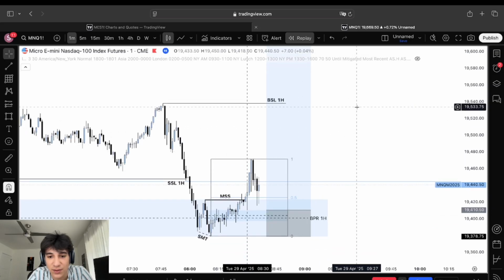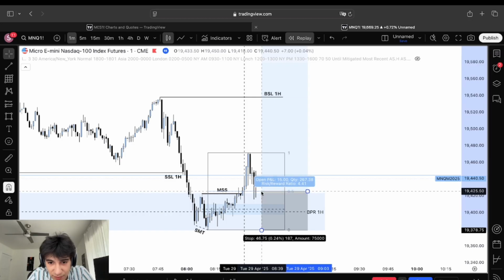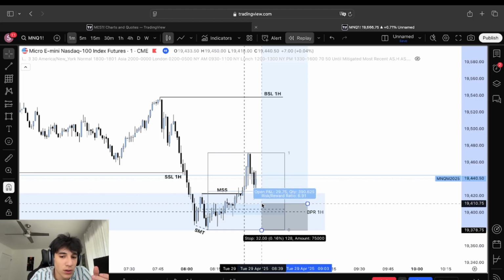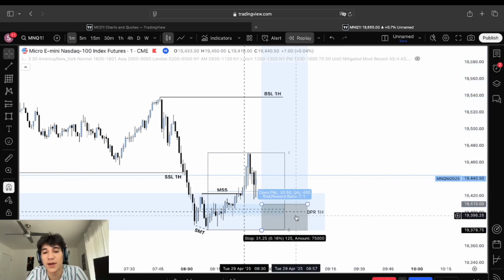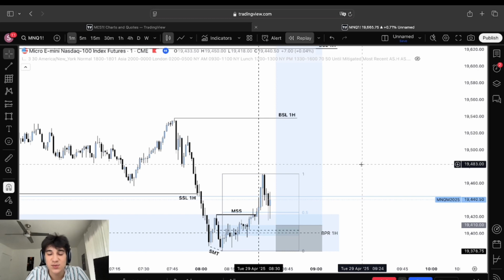It's like a 7R, right? If I entered up here, look how quickly that 7R goes into a 4. And so that's why I like to keep my orders even lower into discount, because just because it enters into discount doesn't mean that's necessarily the bias that I have.